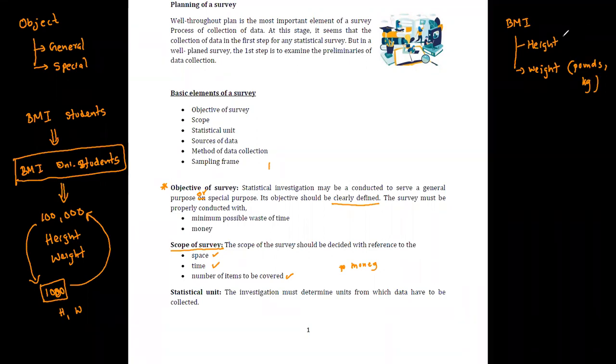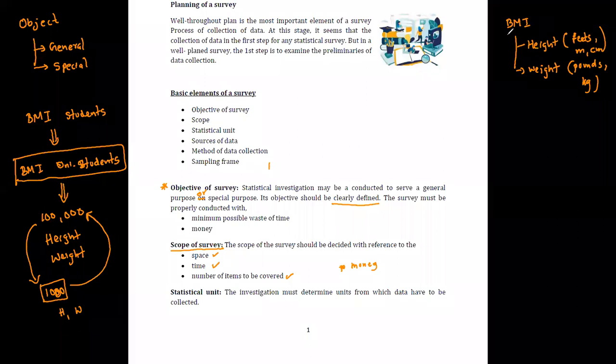Another may measure the height in feet and inches, another in meters, and another in centimeters. So there may be various units that they can use to take the measurements.